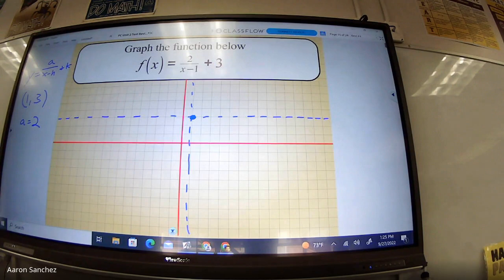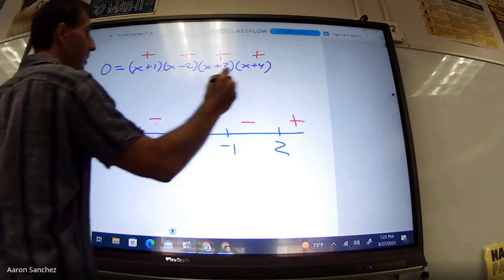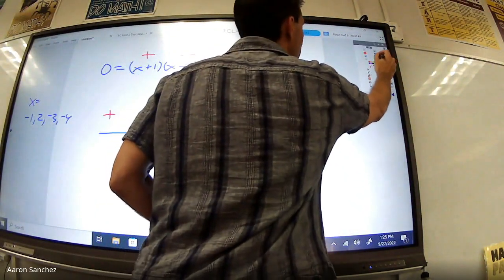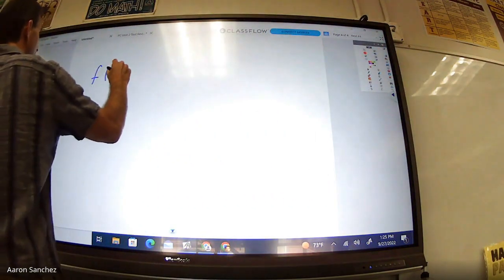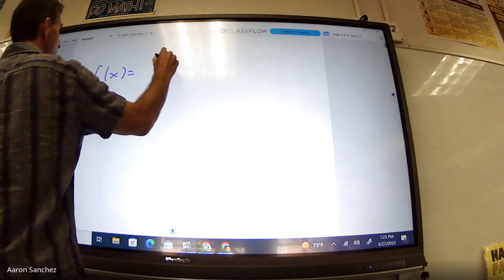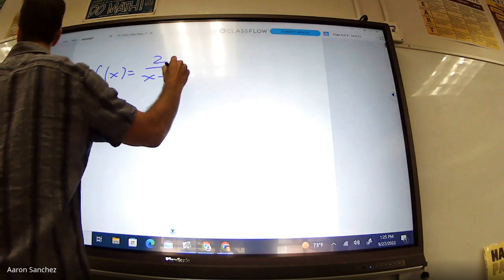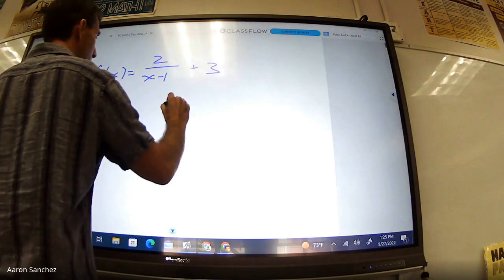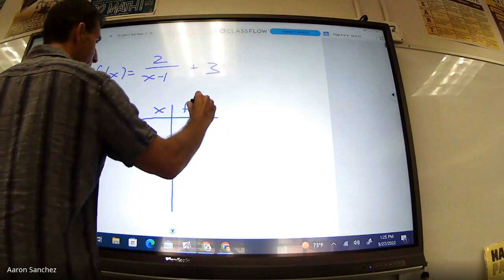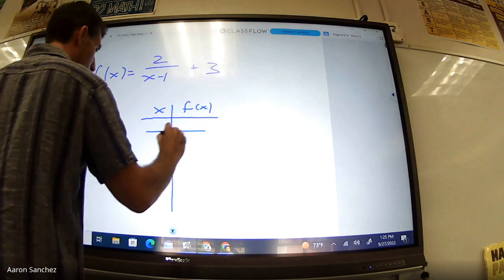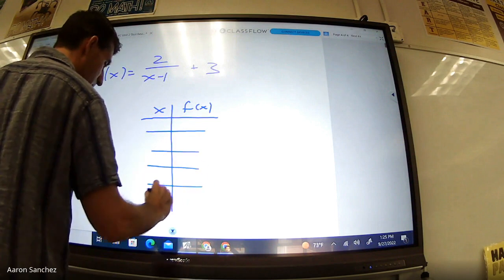Okay, so I'm going to rewrite it here. And so we have f of x equals 2 over x minus 1 plus 3. Now to do this, we are going to make a table, x and f of x, right? When it looks like this, make a table.